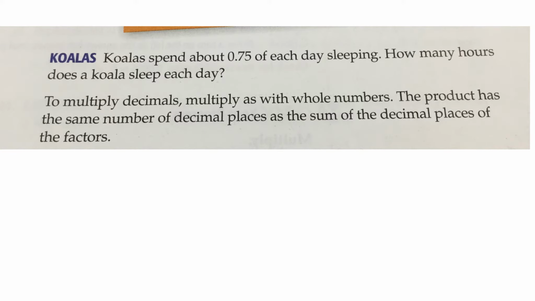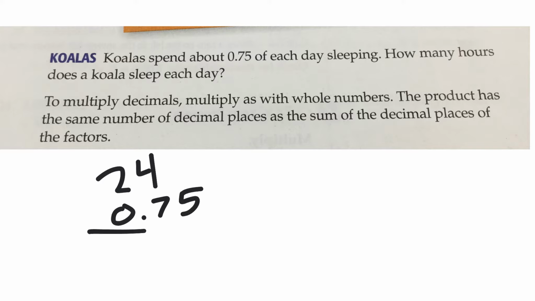Okay, so now we're going to multiply 24 times 0.75. Here we go. We do 24 times 0.75. 5 times 4 is 20. I carry a 2. 5 times 2 is 10, plus 2 is 12, so it's 120.